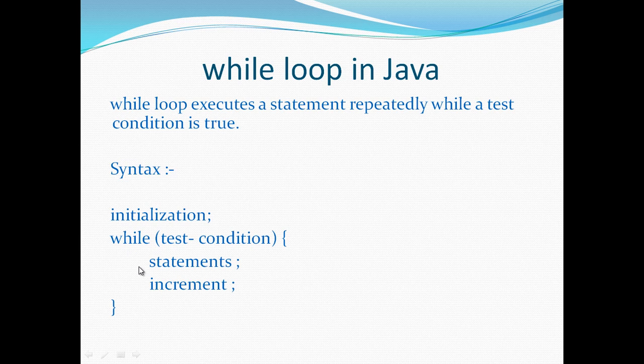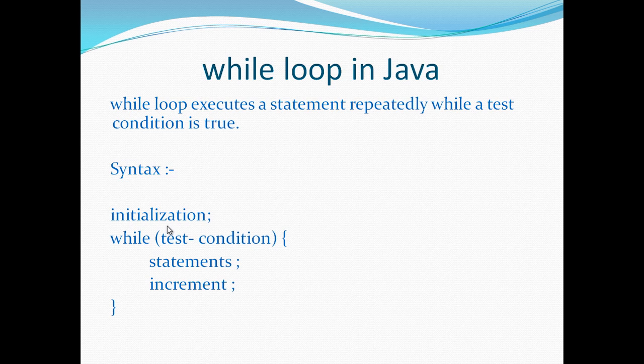In the body of the while loop there are many statements, and the last statement is our increment step. If we look into this syntax, first is the initialization step. What the initialization step does is initialize a loop control variable. Now what is the loop control variable?